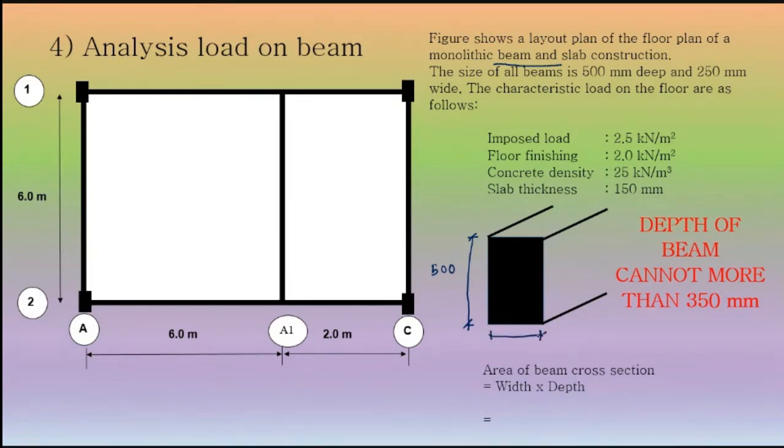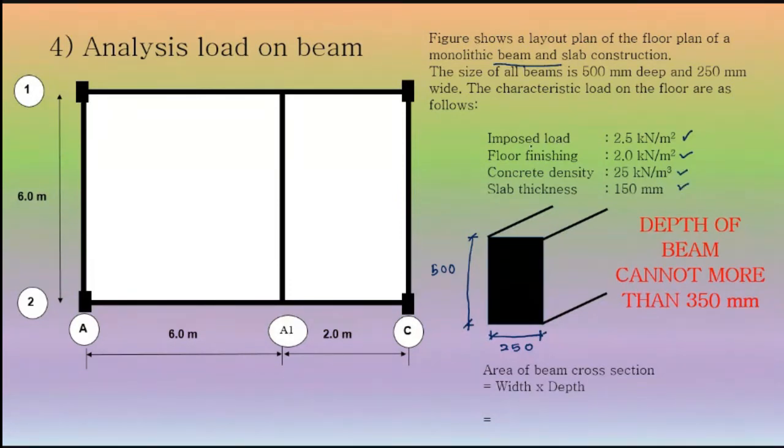Width dia 250. Okay, nah, depth 500, width 250. And characteristic load on the floor are as follows. Imposed load 2.5. Floor finishing, concrete density and slab thickness are given.